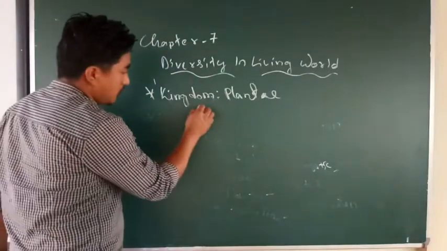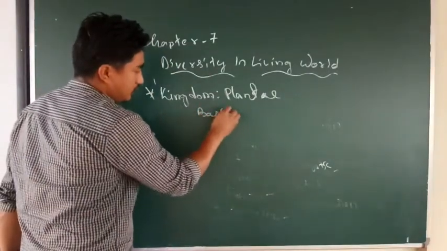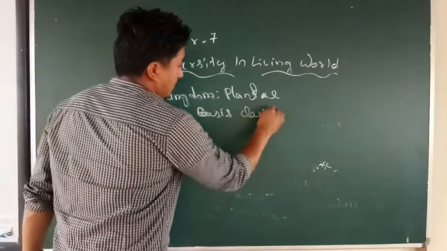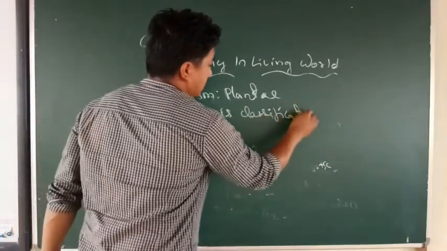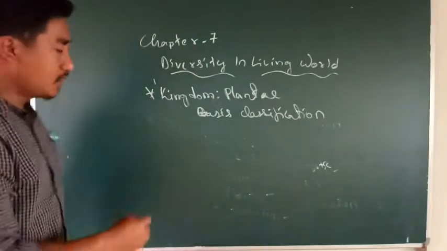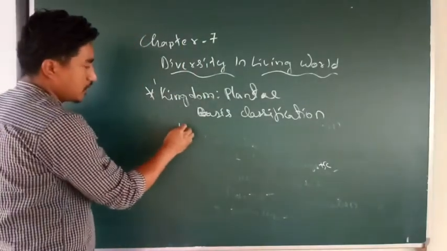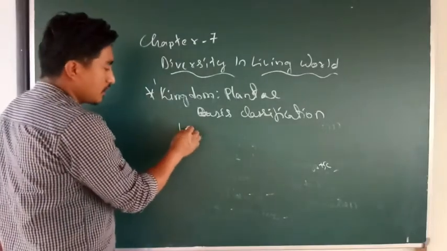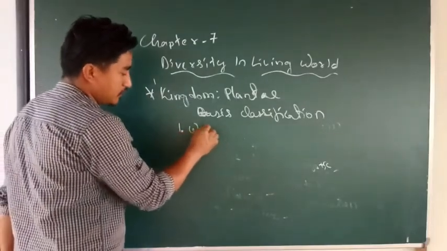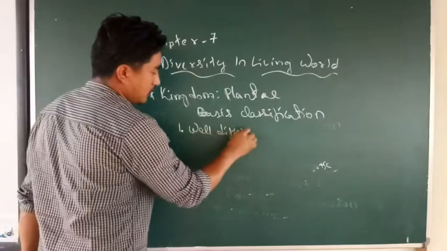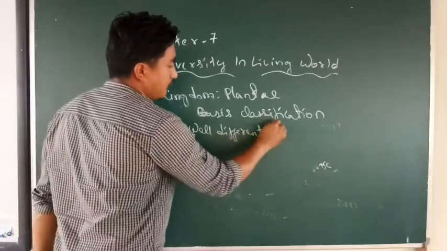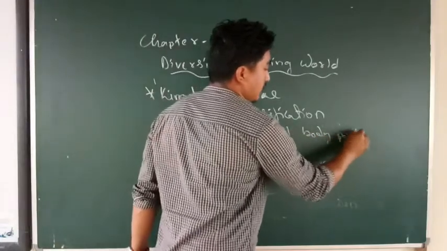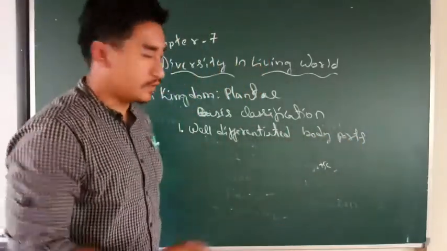Under this we'll discuss first the basis of classification under kingdom Plantae. The first basis of classifying the whole plant kingdom is whether they have well differentiated body parts.